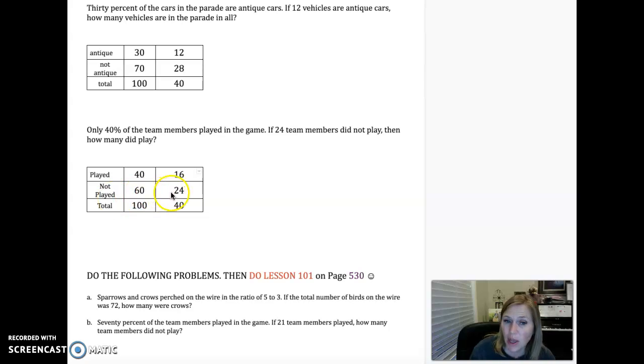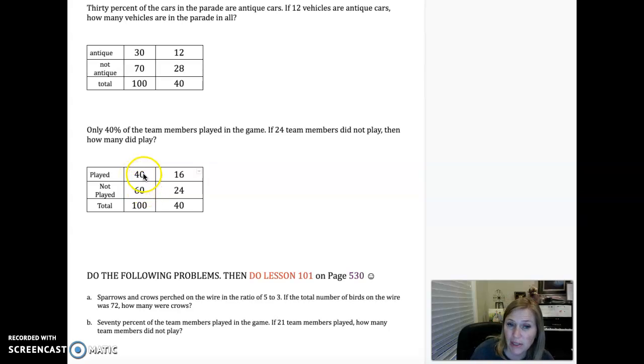Okay, so these numbers I came up with by using cross multiplication, and let me show you what I did. And this is because I think I need to really clarify: when we're cross multiplying, we multiply the two that we have that are diagonal from each other, and then we divide by the one that's opposite the one we don't have. So here's what this one would look like.